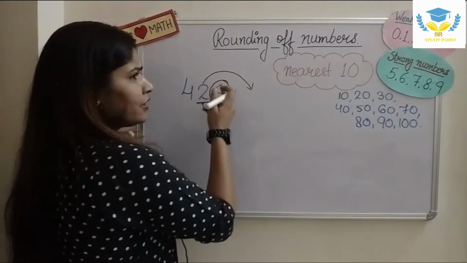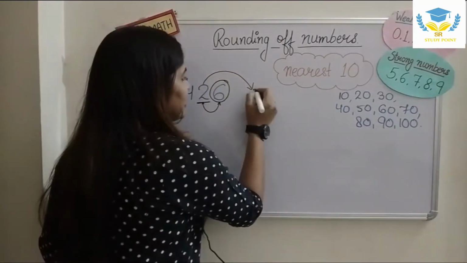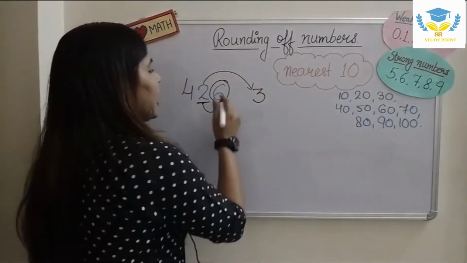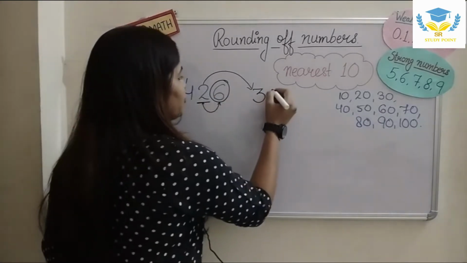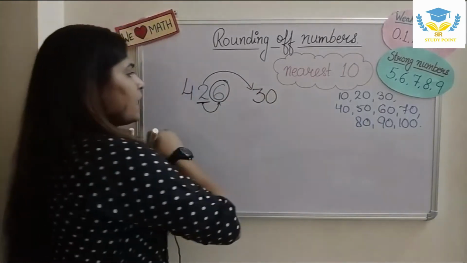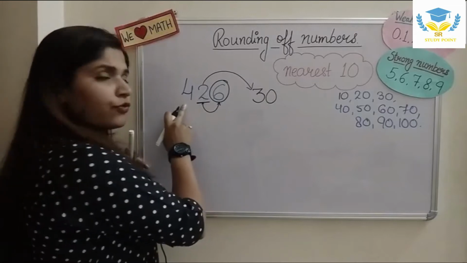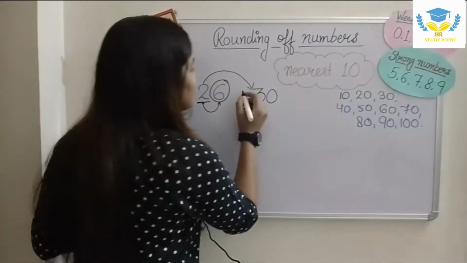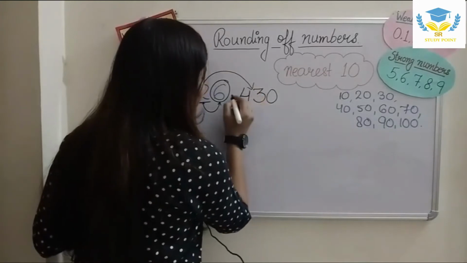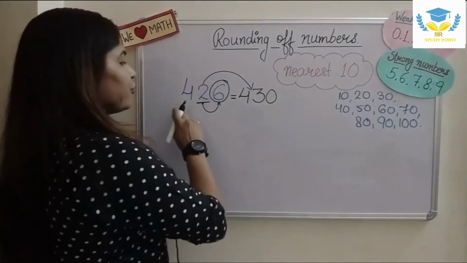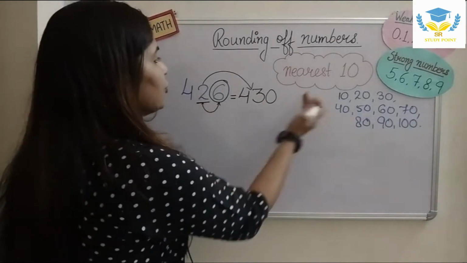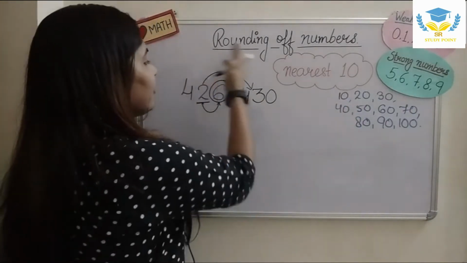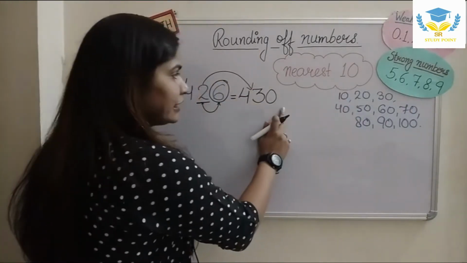What is the next number? Yes, 3 is the next number, and instead of 6 we are going to write down 0. But children, what will happen to this 4? Yes, you're right. 4 will remain the same, as 430. That means 426, if we round off to the nearest 10, it will become 430.